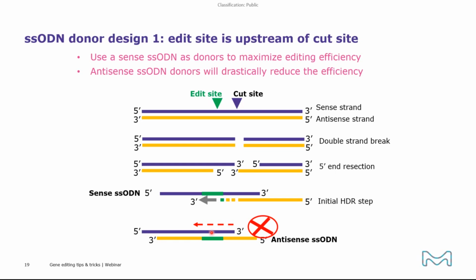In most systems, 5' end resection is much more robust than 3' end resection after a DNA double-strand break.